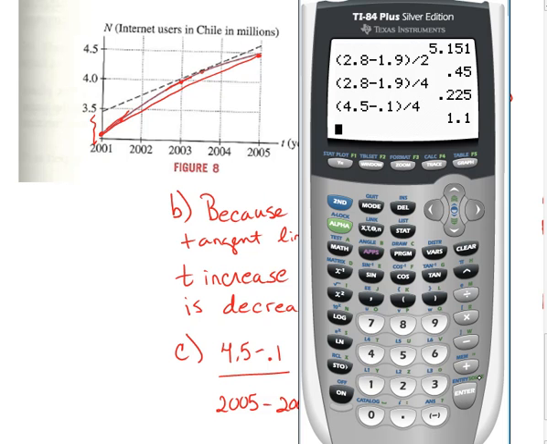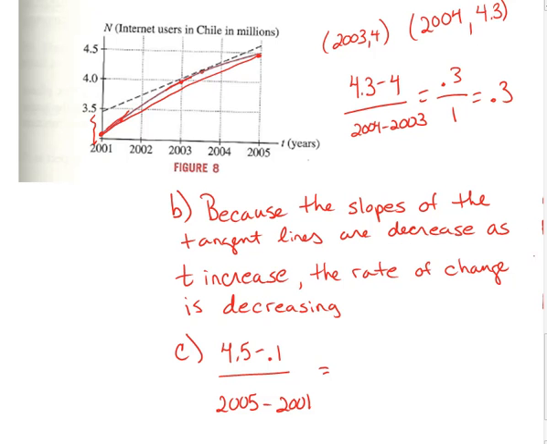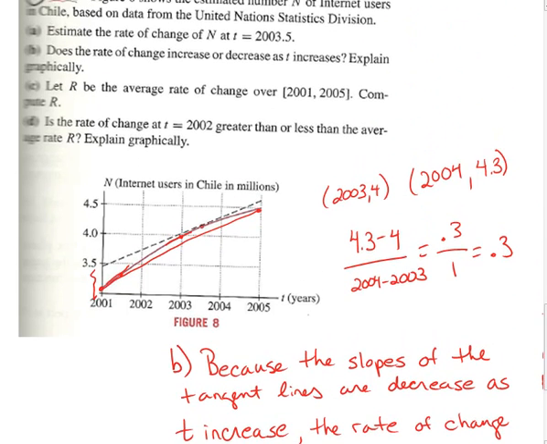So we get 1.1, and they got 0.225 million. Let me see. Did I read that question correctly? Oh, I should look at C.